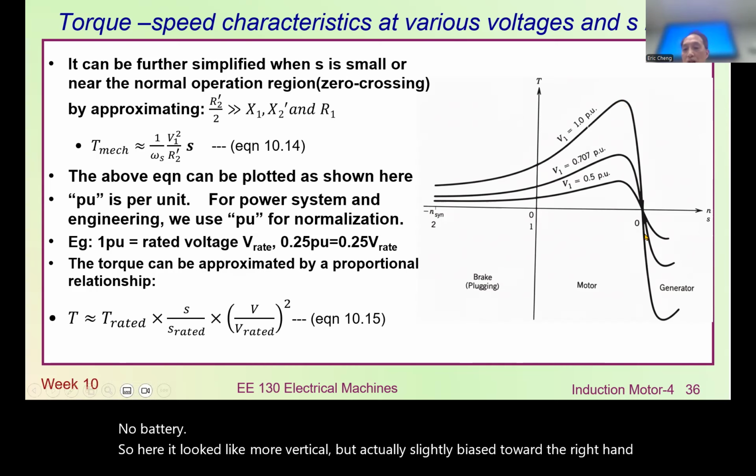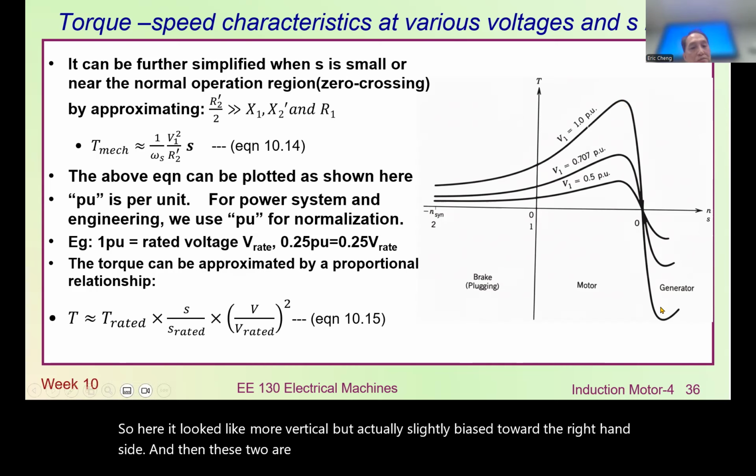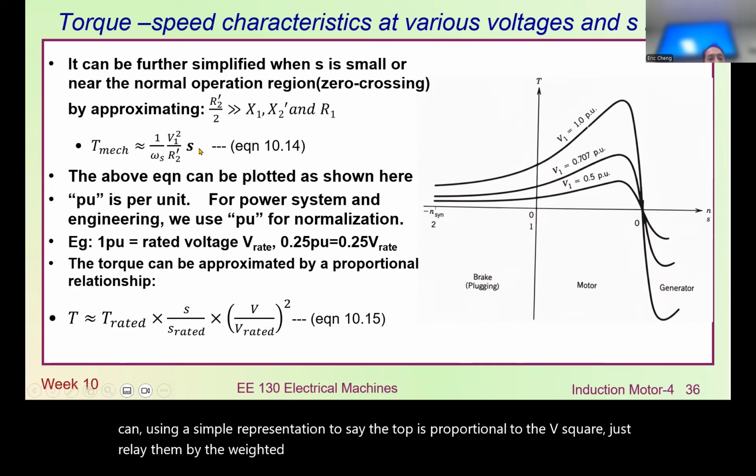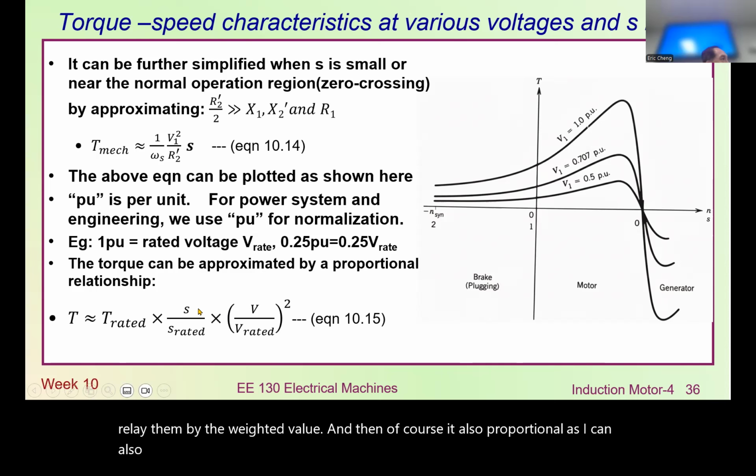And these two are actually quite symmetrical. And you can see that the torque is actually proportional to V squared. So I can use a simple representation to say the torque is proportional to V squared, just relate them by the weighted value. And of course, it's also proportional to S. I can also relate it with a weighted value for S.